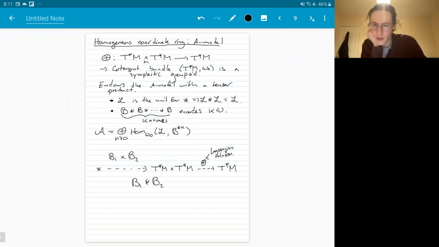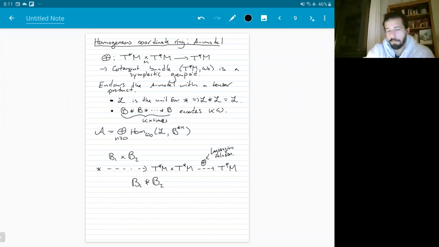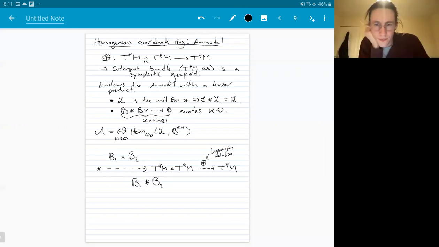Does this kind of make sense? Okay. Let me just say, in the paper, it's explained in more detail in section 2.7.